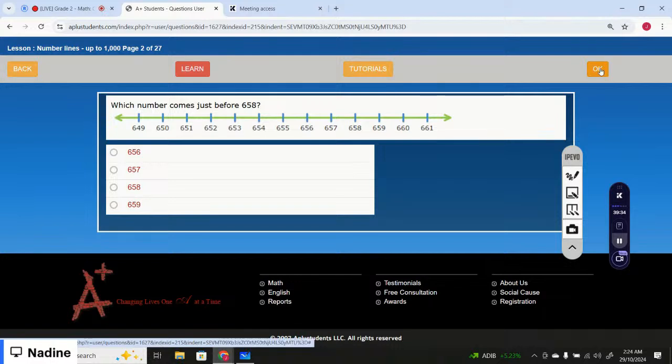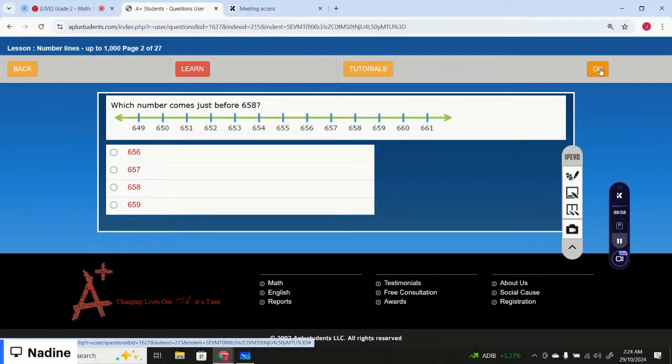Which number comes just after 658? That is 658, right?